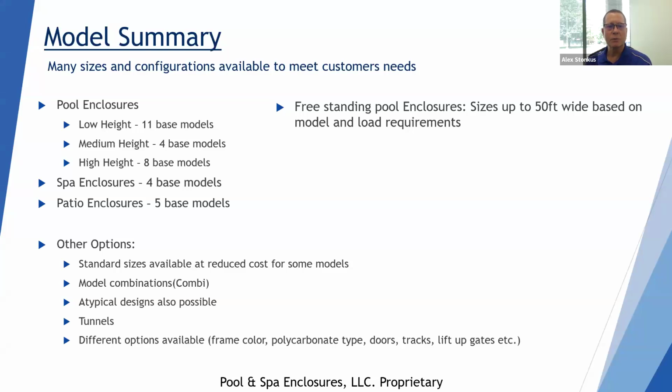And we'll get into different polycarbonate choices and doors. For the most part we recommend sliding doors, although we can do a hinge door. We have accordion doors as well, and lift up gates, which means the gable end would actually lift up to slide the enclosure. So lots of various options.